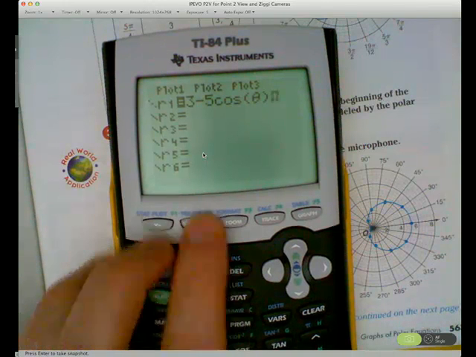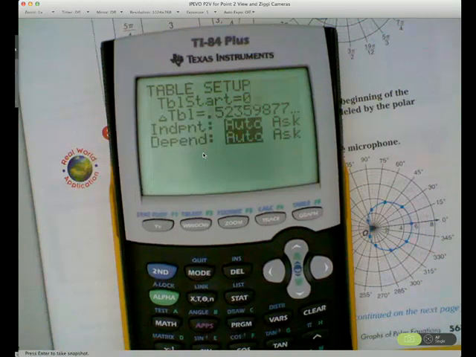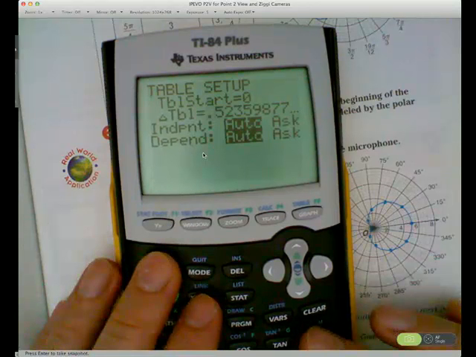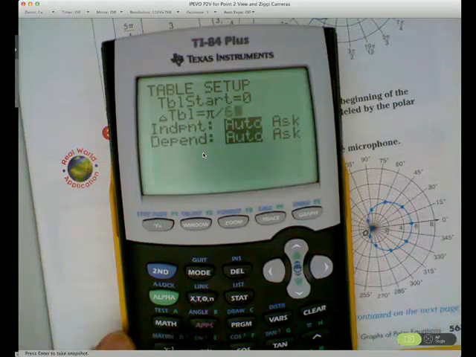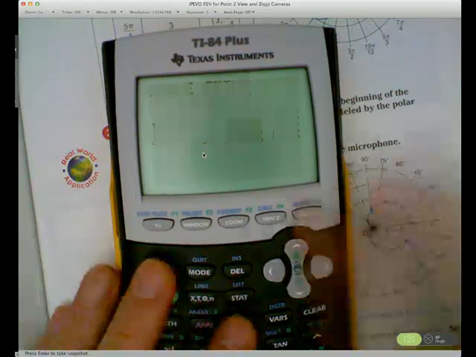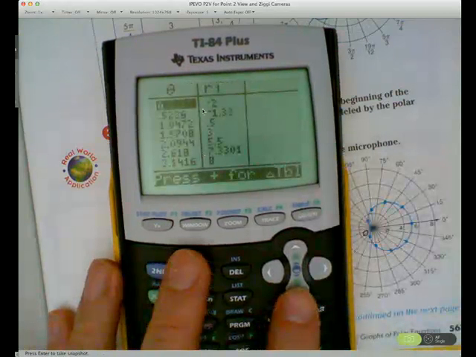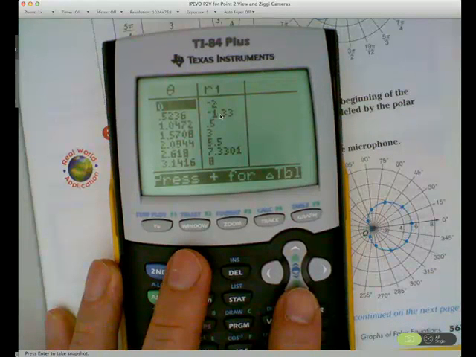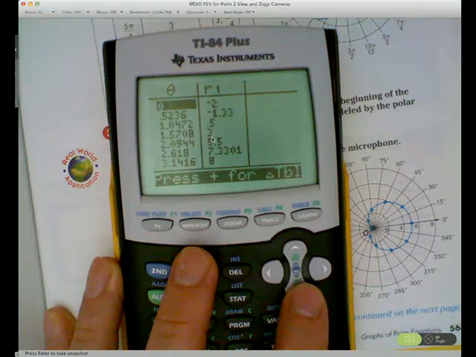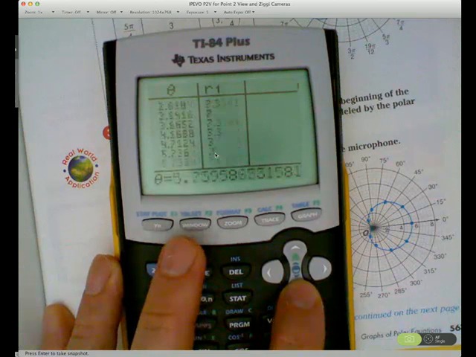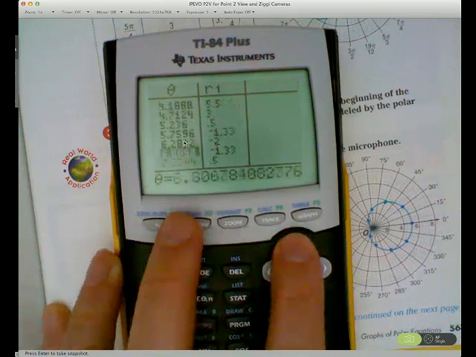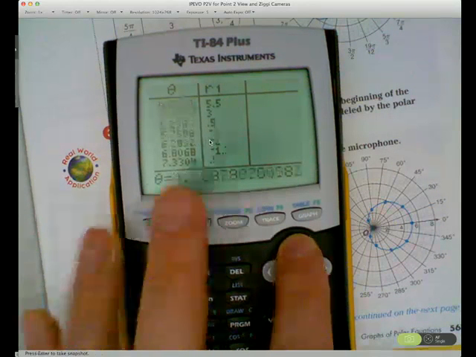And for the table set, I'll start at 0 and go to, not alpha, pi over 6. Hit enter, and let's check out our table again. And notice I did end up getting exactly the same things here. So, right, it went from -2 to 8, and then from 8 all the way back down to -2 in a full 2 pi period.